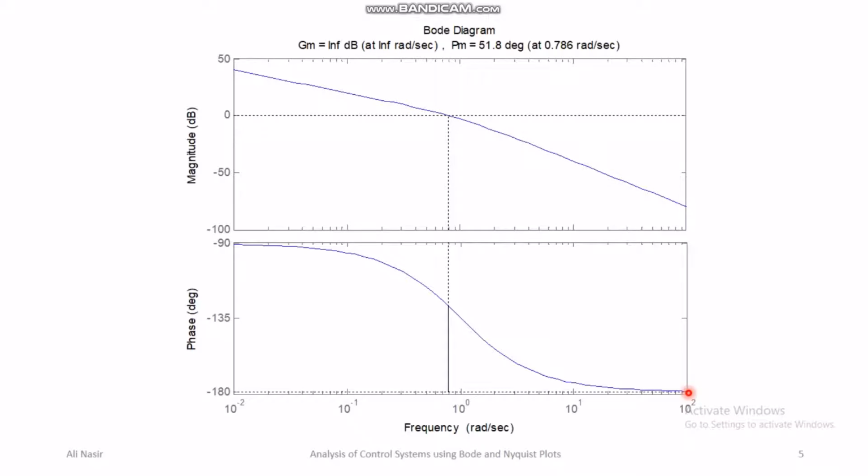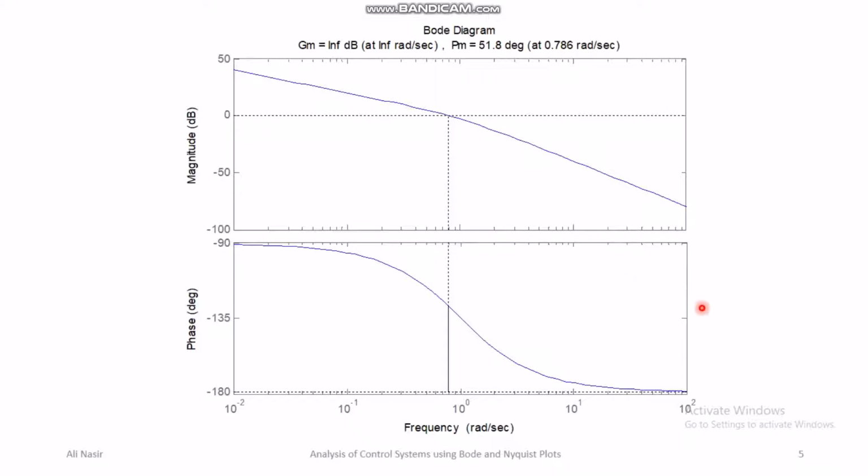So the phase crossover frequency is infinite, and the gain crossover frequency is a little less than 1, which means the gain crossover frequency is definitely less than the phase crossover frequency. This means that the closed loop system corresponding to the open loop system for which the Bode plot has been sketched will be asymptotically stable.